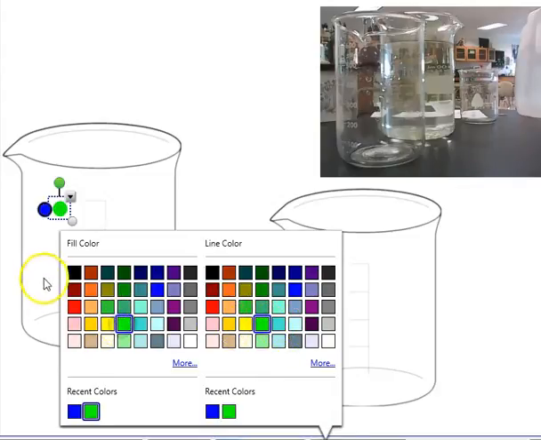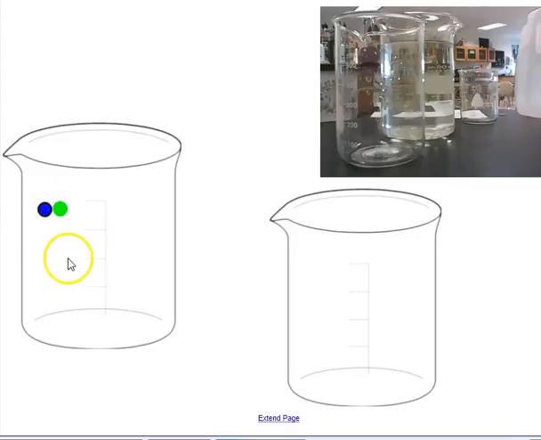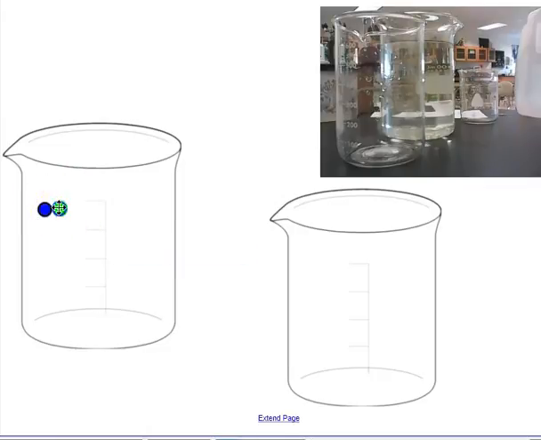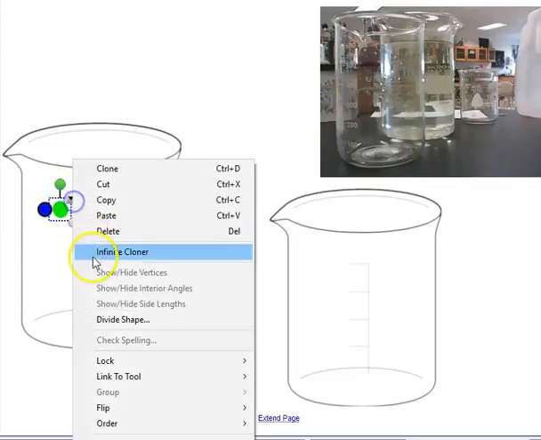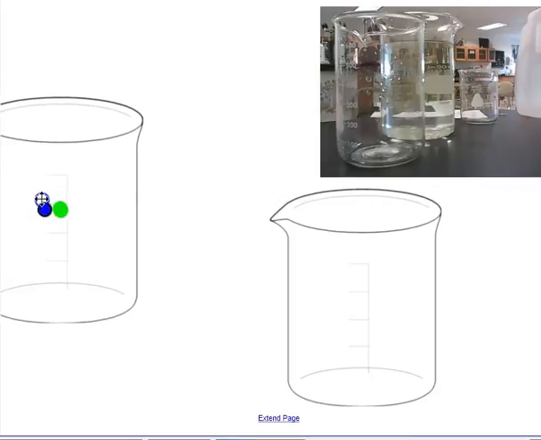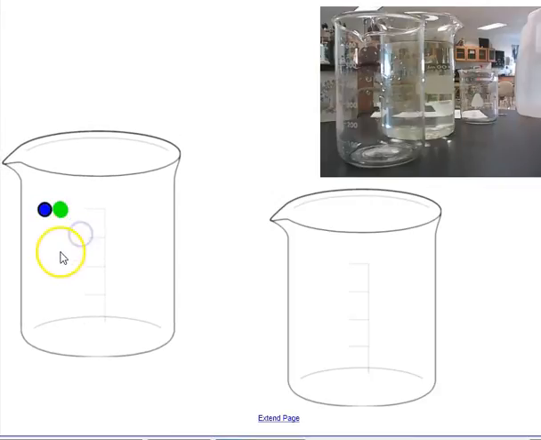All right, so those are my Na and my Cl ions within my solution. So let's say that I have, there we go.